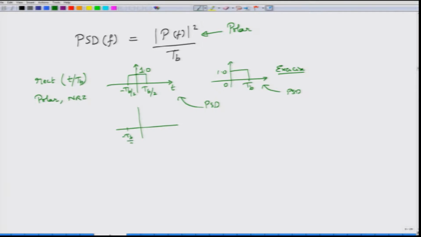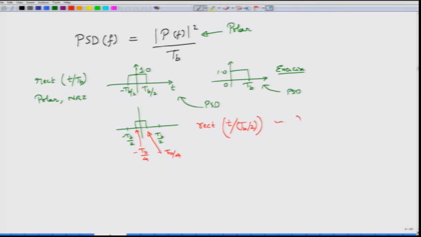Let us say this is still minus Tb by 2 and Tb by 2, but if I consider a rectangular pulse which is only half the duration, I am considering a pulse whose duration is only half of the bit period, then this end will be at minus Tb by 4 and this would be plus Tb by 4, and this rectangular function can be written as a rectangular function with a width which is only half.